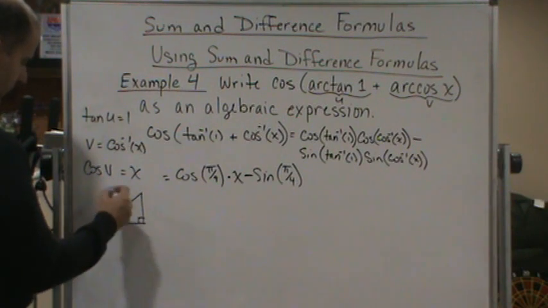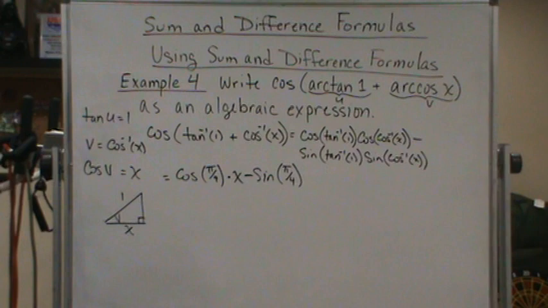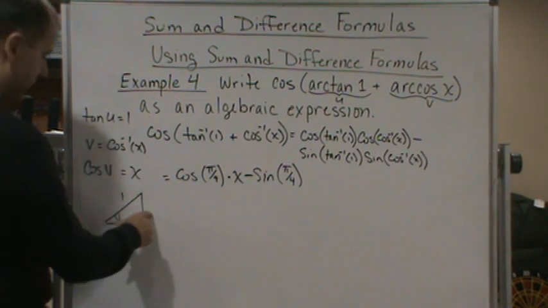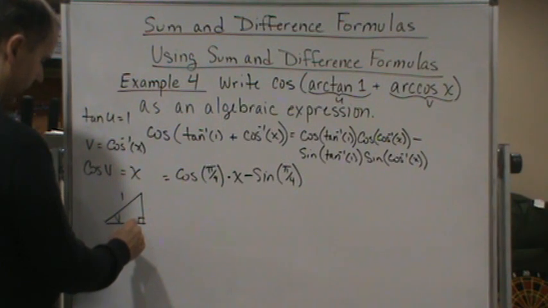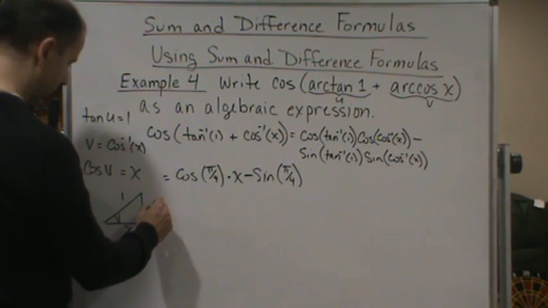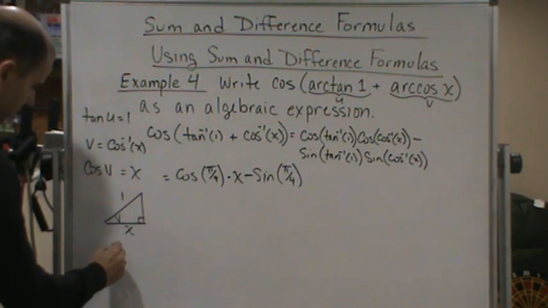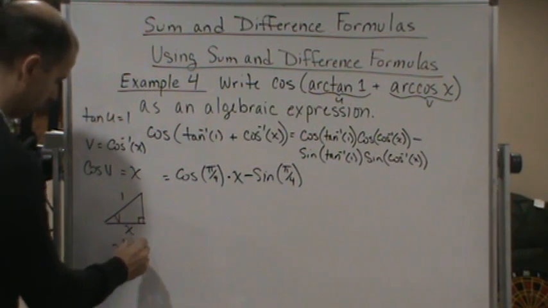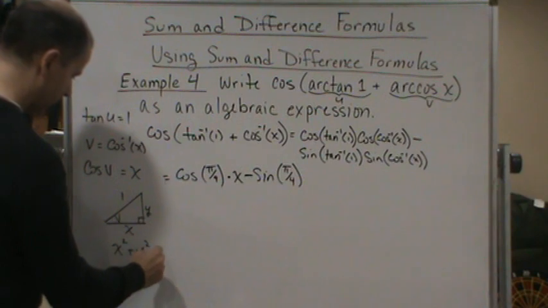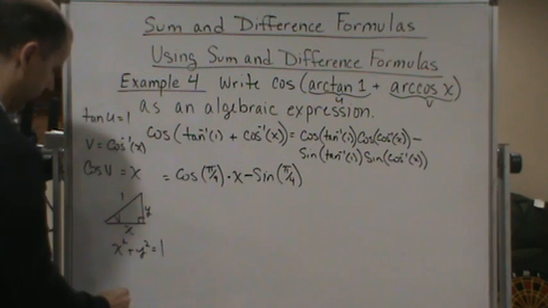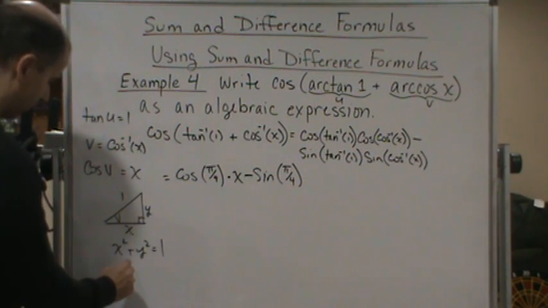Cosine v is going to be x over 1. And so the missing side is going to be, let's do this, x squared plus y squared equals 1.